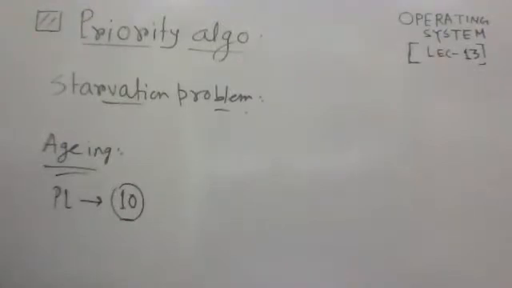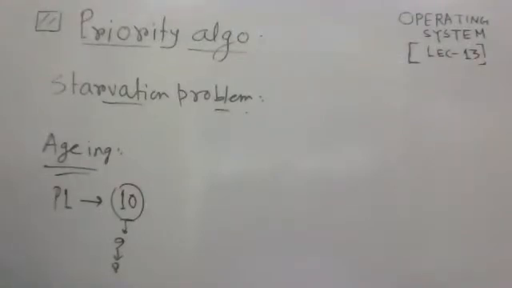In case of aging, after a fixed interval of time, the priority value is gradually increased. Suppose after a time unit, it becomes 9. After some time it becomes 8, right? So this is called aging, and this method ensures that processes with lower priority will eventually complete their execution.